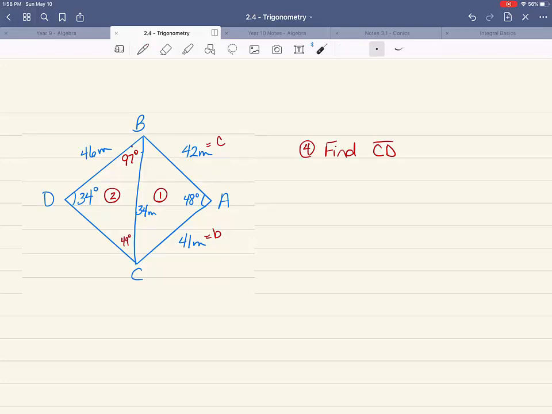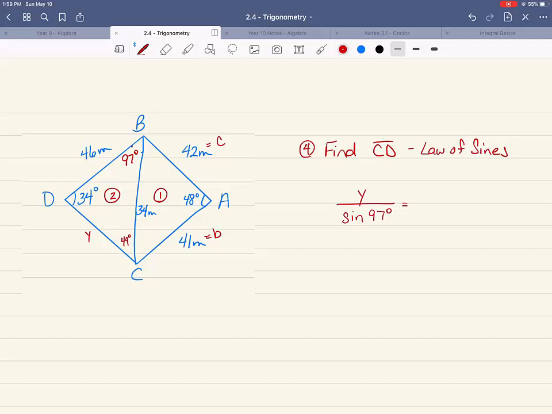The answer is yes, the 34 and the sine of 34. So we can now use the law of sines to find CD because it's across from the 97. So we are going to use the law of sines. Since we're looking for the side, it goes on top. We're going to call this side y for now. So y over the sine of what angle?